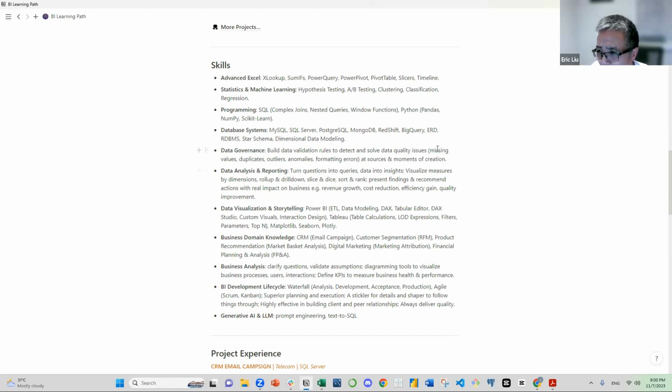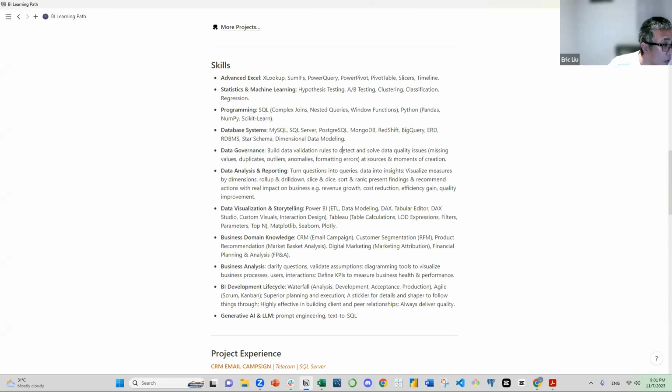So you need to solve data quality issue at source, and it's even better. You can solve the data quality issue at the moment of creation, so it won't become an issue anymore in future, right? So I want you to believe that we wrote these paragraphs not just randomly. It's after a lot of thoughts. So I hope you realize that.